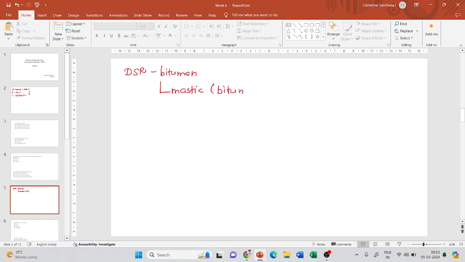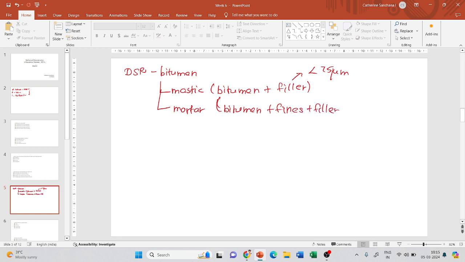bitumen plus filler particles, and these are particles of size less than 75 microns, or mortar, a bituminous mortar, which will be bitumen plus fines plus filler.